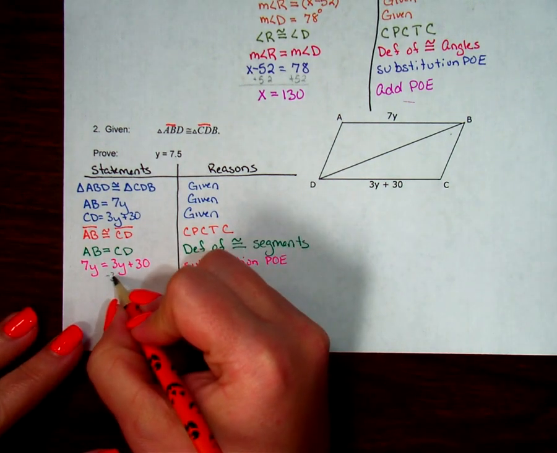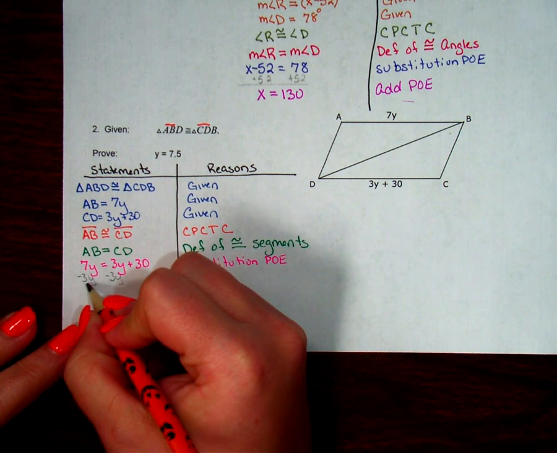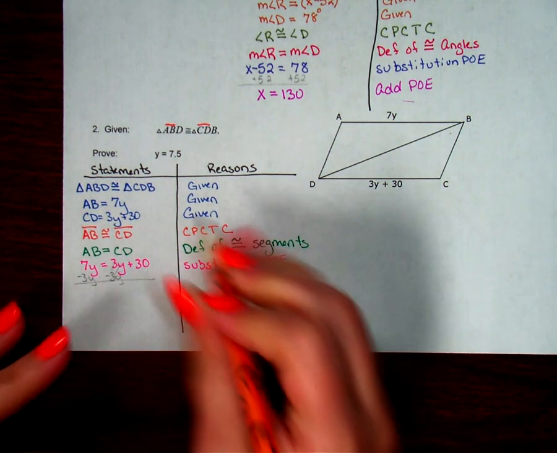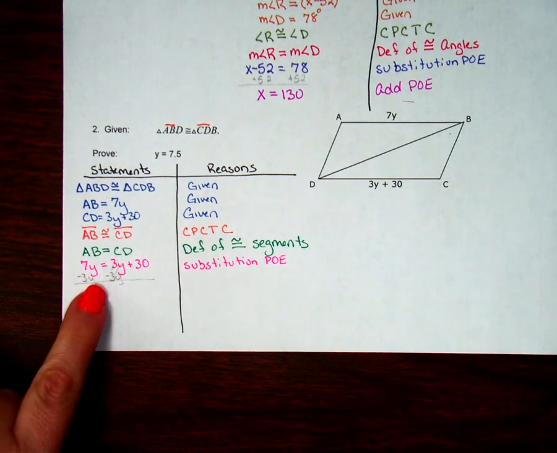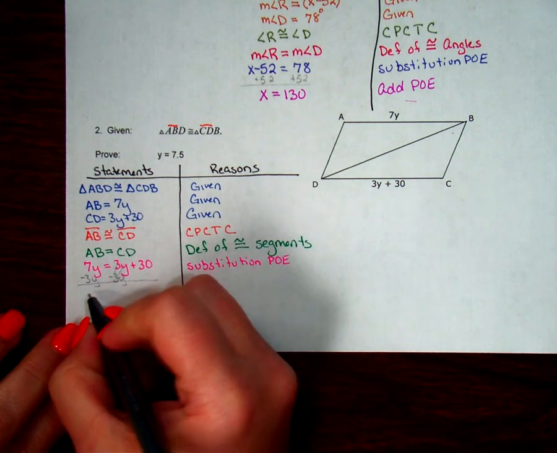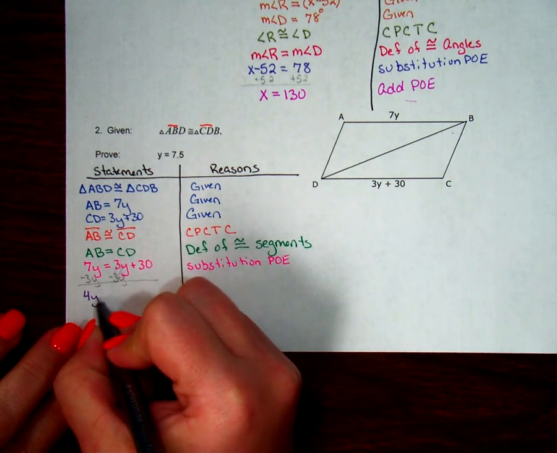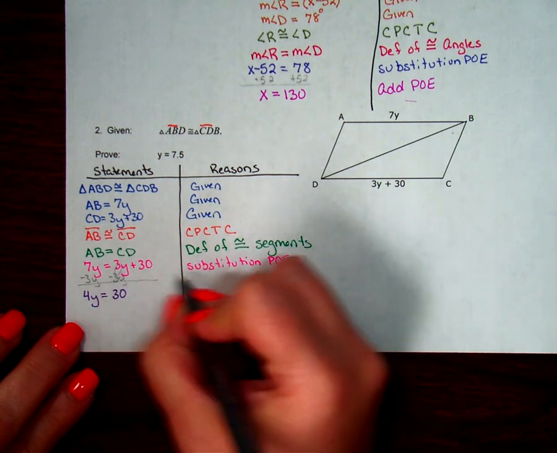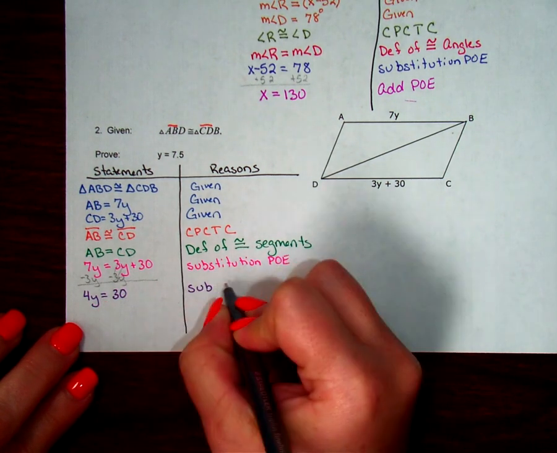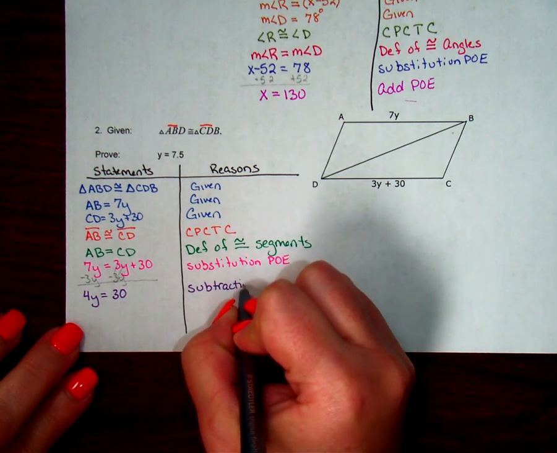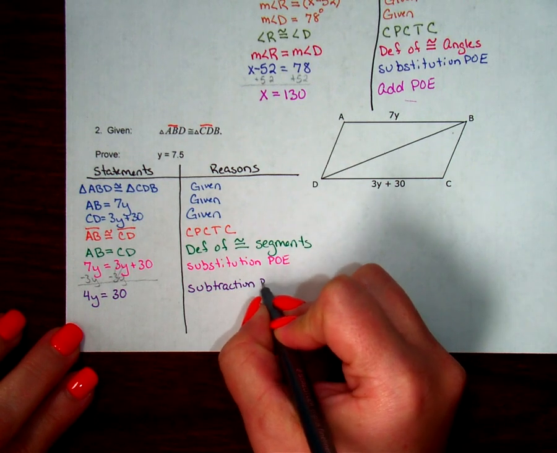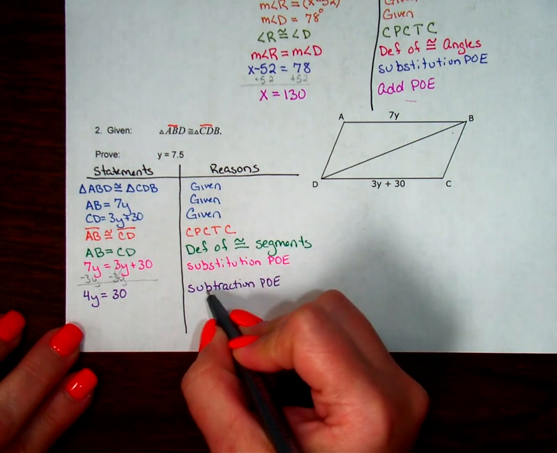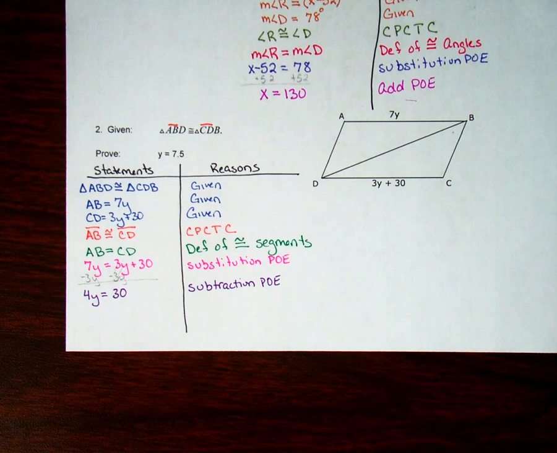I'm going to subtract 3y on both sides. Again, this part in pencil is not technically part of the proof, so it does not get a reason written next to it. I'm going to end up with 4y equals just 30. I subtracted 3y on both sides, so that's my subtraction property of equality. Again, if you abbreviate, make sure you can tell the difference between your substitution and your subtraction.